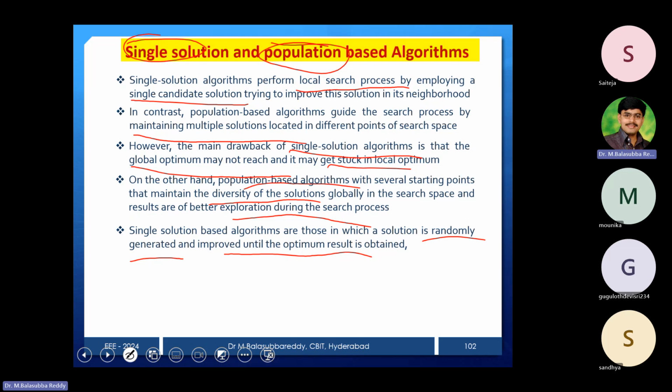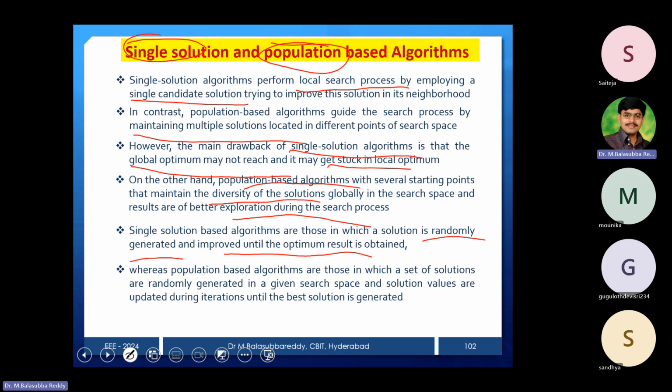That's what we mean when we say the solution is randomly generated first. Whereas population based algorithms are those in which solutions are randomly generated in a search space, and solution values are updated during iteration until the best solution is reached.